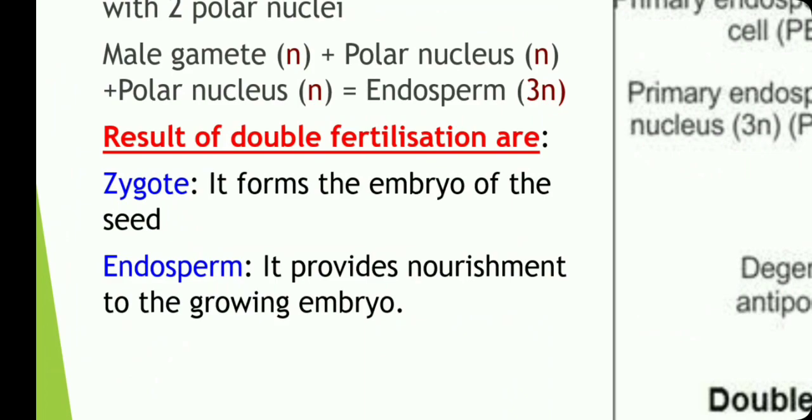It is very important because it provides nourishment to the developing embryo. At the time of germination, the embryo needs nourishment because it does not have leaves. As you know, the leaves are the manufacturing part of the plant. But before leaf formation, something is required so that the embryo can take nourishment from it. That is the endosperm.